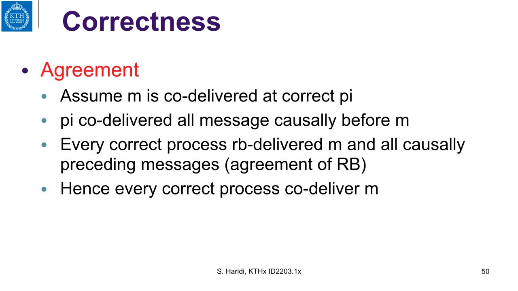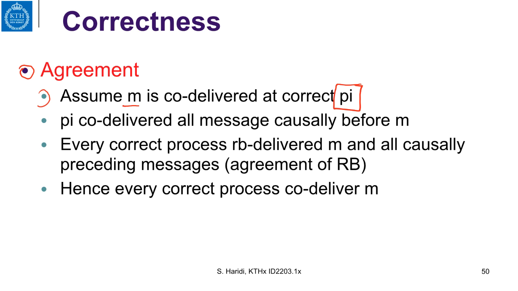Now let us look at agreement. Agreement says if a correct process causally delivers a message M, then all correct processes will causally deliver the message M. So assume that M is causally delivered by a correct process Pi.